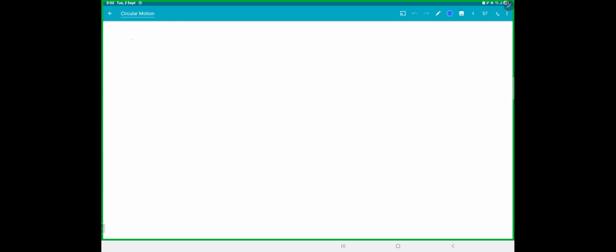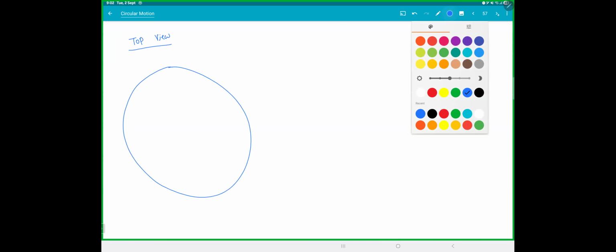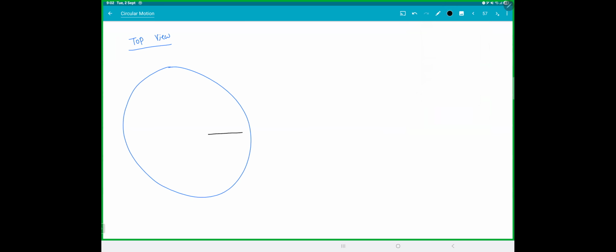Again, let's see the top view. When you take this rod here, what is the centrifugal force? m omega square r. But what is the problem here? Every point is at a different distance.